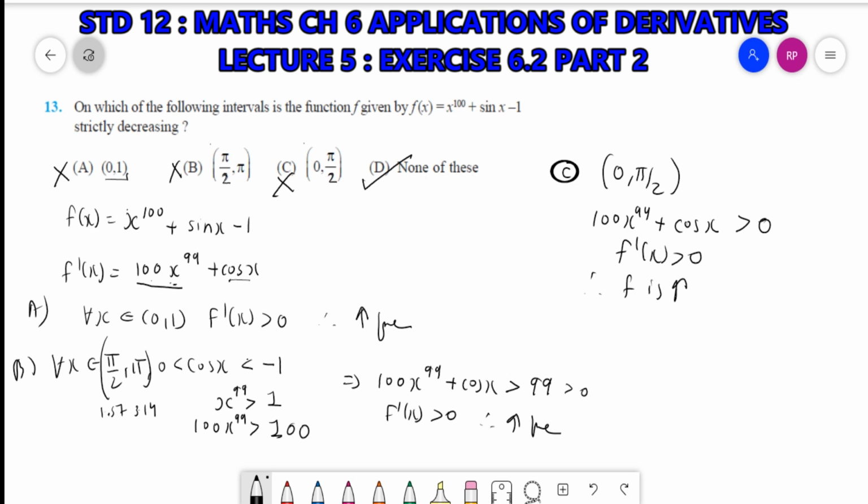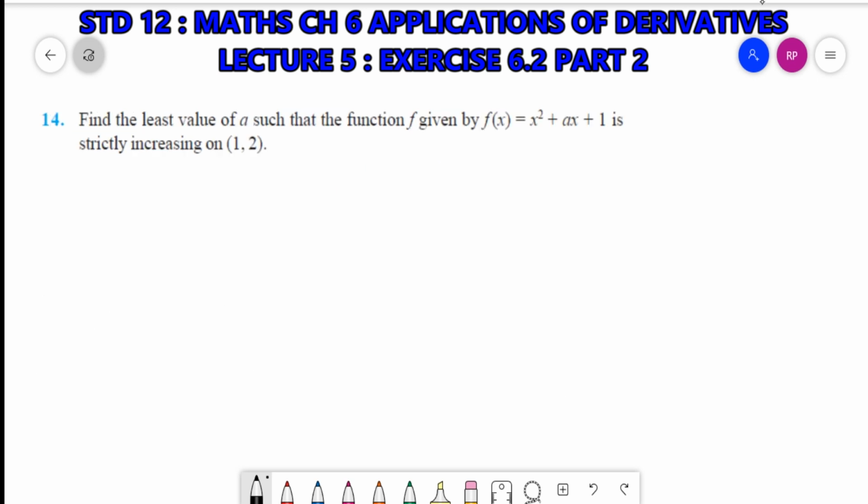Now let's move to the next, that is question number 14. Question number 14. Find the least value of a such that the function f given by f(x) = x^2 + ax + 1 is strictly increasing on the interval (1, 2).